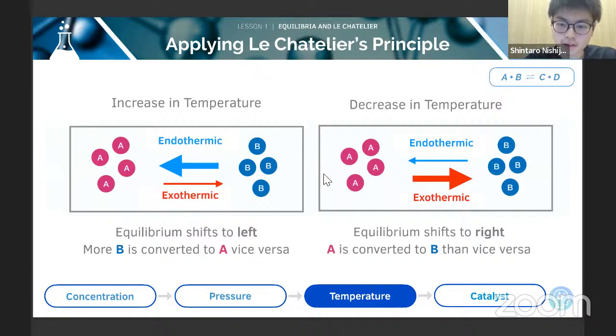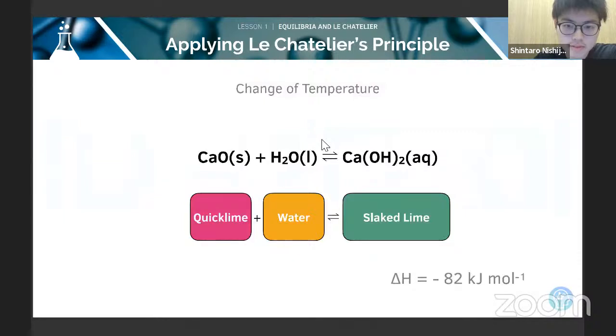I'll speed through that, because I want to make some time for some questions. Okay, so next, we have an example here. Before we move on to catalyst, we'll do an example with this one. This is how they will give it to you in the exam. They'll tell you that delta H, the enthalpy change of the reaction, is negative 82 kilojoules per mole.